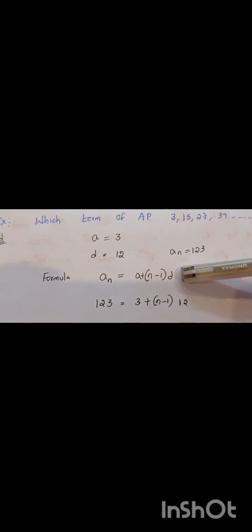We have the formula: the nth term is equal to a plus n minus 1 multiplied with d. The nth term is 123, a is 3, the n value we have to find and d is 12. By solving, we will get the n value as 11. That means it is the 11th term.